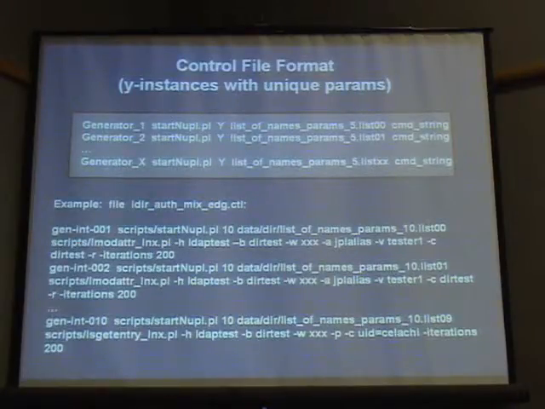Another thing to notice from this one is that the last one has a different script that's running here. In fact, in this test, I don't show it here, but the first 5 are using this mod adder script, which is modifying attributes in an LDAP directory, which are writes, and the last 5 get entry, which are reads. So I'm doing both reads and writes in an LDAP directory in this test.